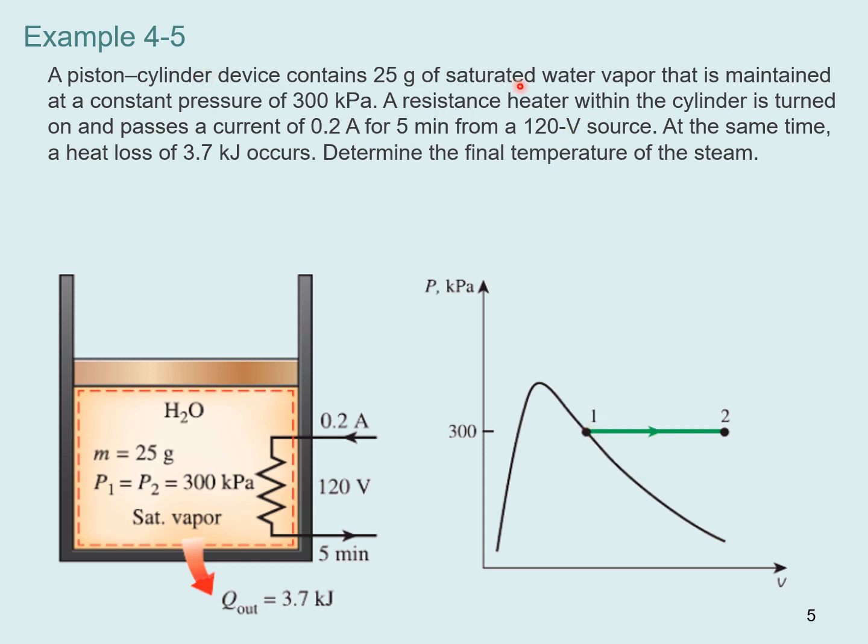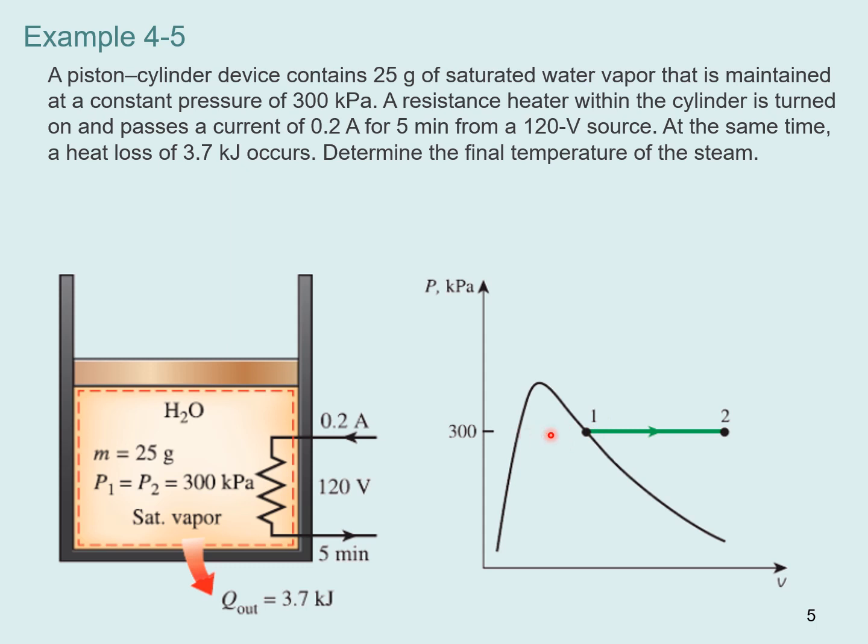So again, be very careful when you read these problems. That's why back in that particular chapter I stressed specifically to pay attention to the words. If it says saturated water vapor, you have to relate that to where it is on the diagram. If it says saturated water, it's all water, so maybe it's over here, at the Vf point rather than the Vg point.